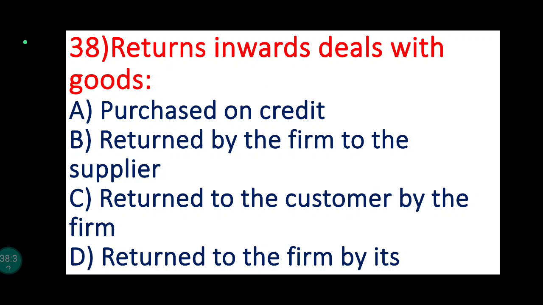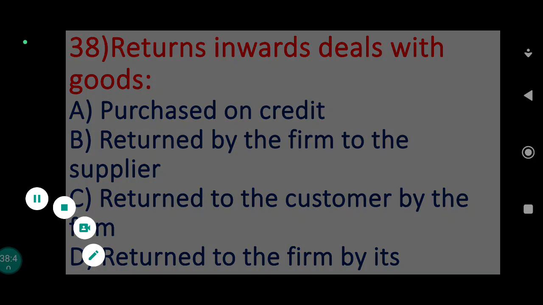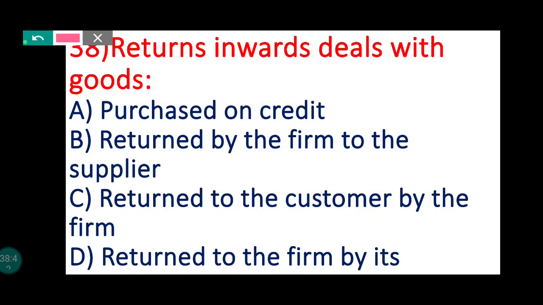38. Returns inward deals with. Returns inward deals with. So answer is D, returns to the firm by its, see there is one word missing, by its customers. Okay, so returns inward deals with the goods which are returned to the firm by its customers.